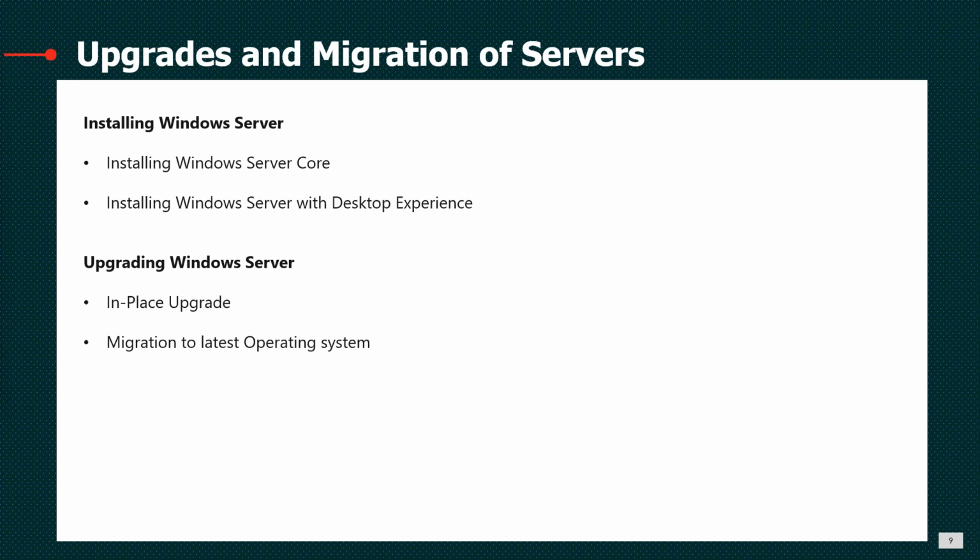In place upgrade means I have only one machine with me which is running the 2012 operating system, for example, and I want to upgrade it to 2016. I can boot from bootable media like a pen drive or DVD drive, whatever it is. Then I can click on upgrade. You have seen the option, right? When we are installing the operating system, there is an option of upgrade and custom. We selected custom.